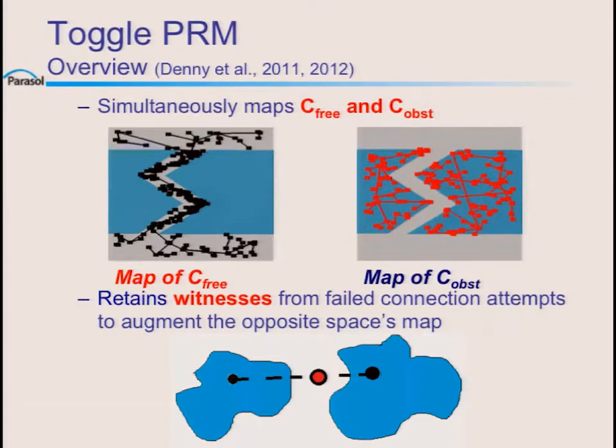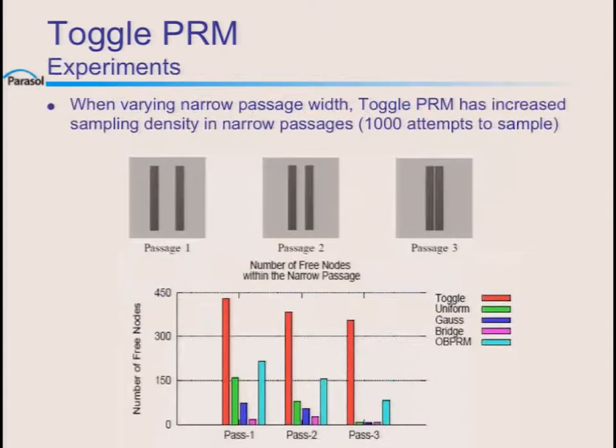With toggle PRM, the idea is that you simultaneously map the free and the blocked space. When making a connection in the blocked space, say in that red map, and I can't connect two connected components, I've perhaps found a sample that's in the narrow passage, and I can now use that in building up the map of the free space. That turned out to work quite well and be insensitive to the narrowness of the passage.